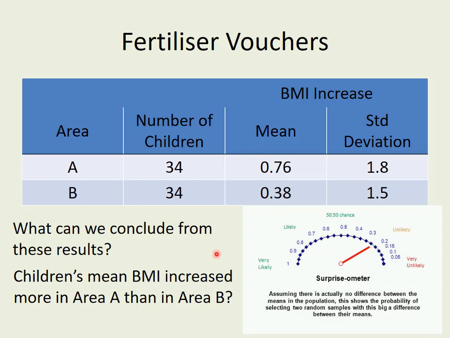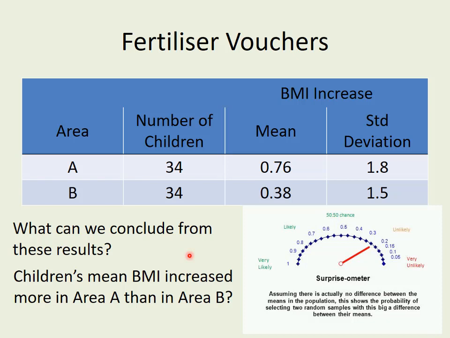We don't know that there was an increase in the whole area, as we've just shown, and even within this sample, it's just a correlation. It could just be chance that we happen to pick ones that have increased, or there are so many other factors that could have been causing these particular children to increase their nutrition in area A but not in area B. So it's a case of correlation rather than causation. So no, we definitely can't claim that the fertilizers had any effect on the basis of this.